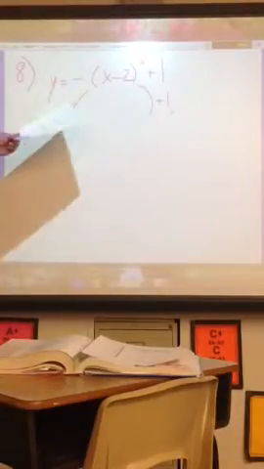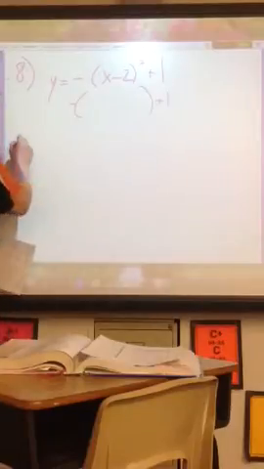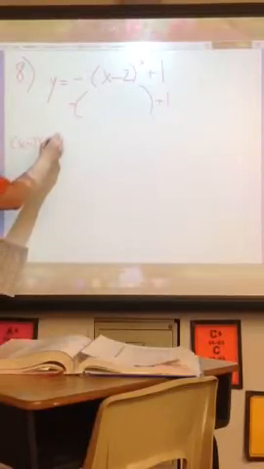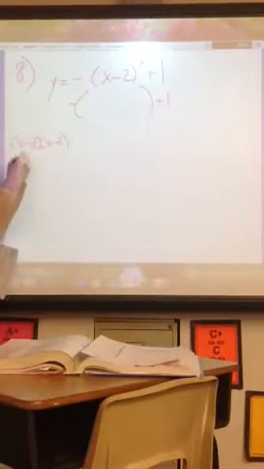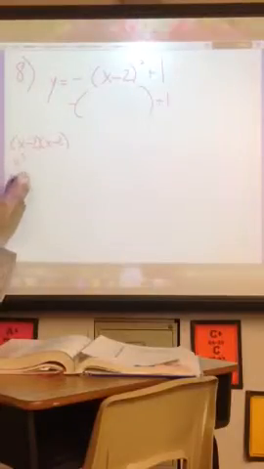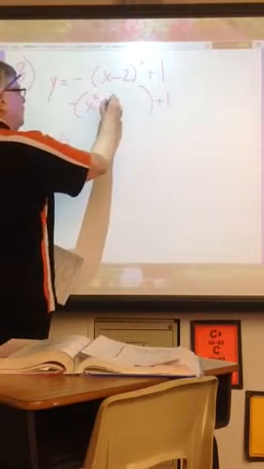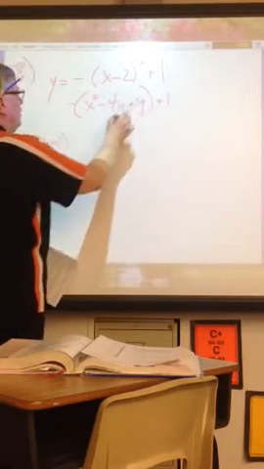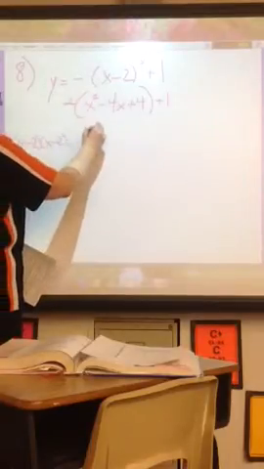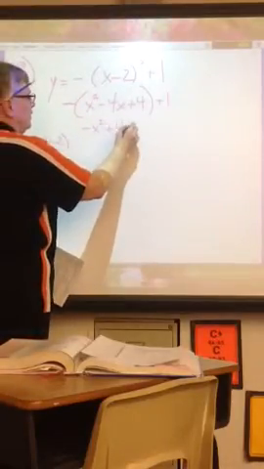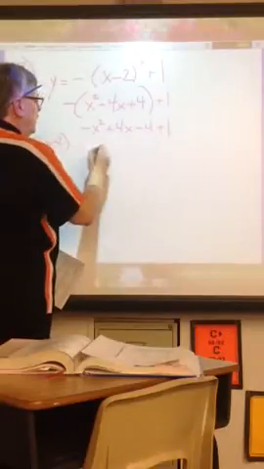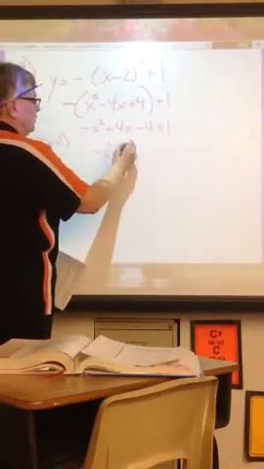So if I square this, I'm taking x minus 2 times x minus 2. First term would be x squared, outside terms -2x, inside -2x, and then plus 4. Then we have to deal with the minus, and then get our like terms together.